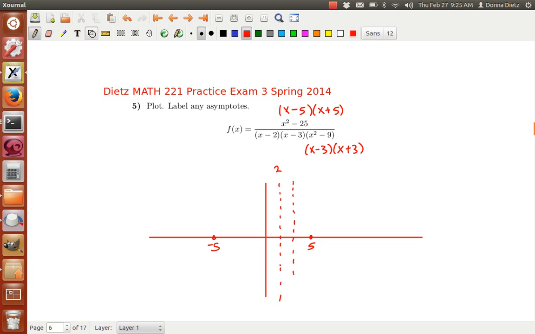Oh dear, but it's a double asymptote. I'm going to put a happy face to remind myself that this one is double. And then x equals negative 3, because this term gives me an x equals negative 3 asymptote down here.